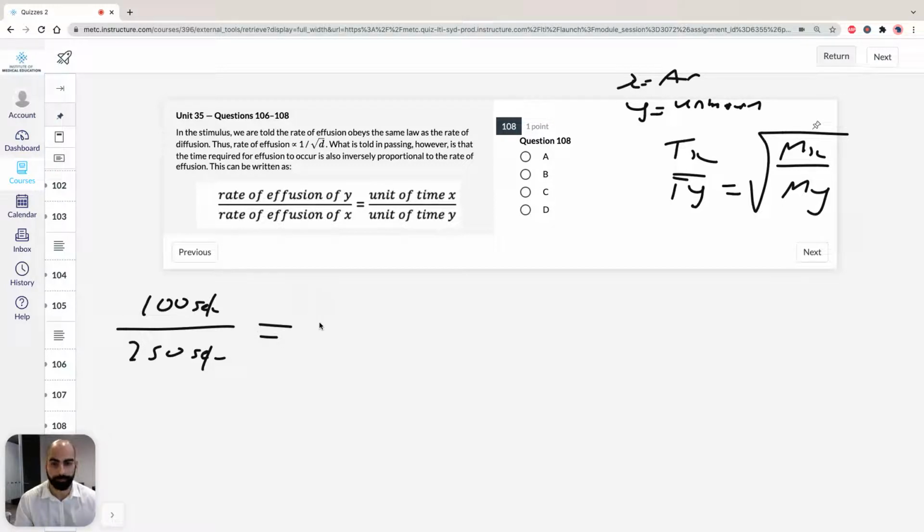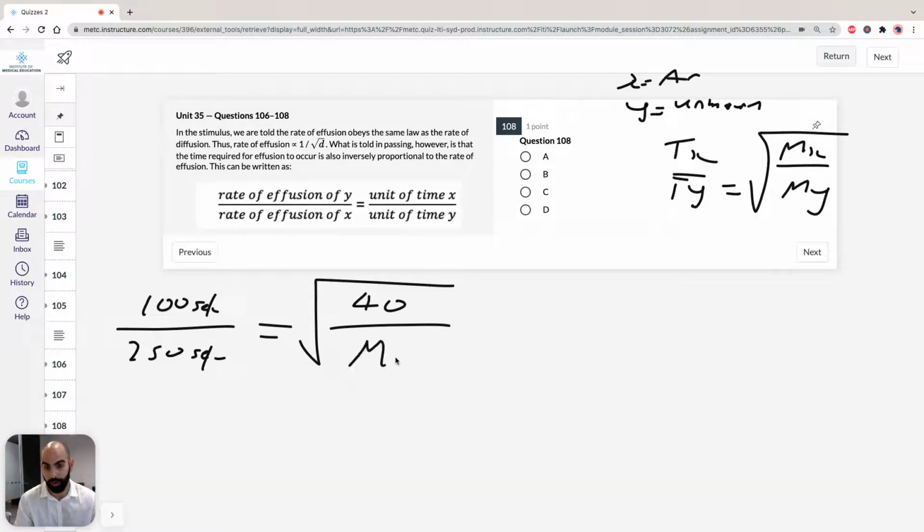Equals the square root of the mass of our argon, which we know is 40. That's the molar mass or atomic mass. They don't give us the units for the atomic mass, but if they did, you could include them and they would cross off anyway. So 40 over the mass of y, our unknown.